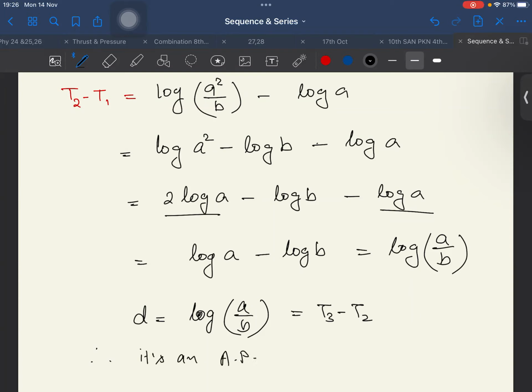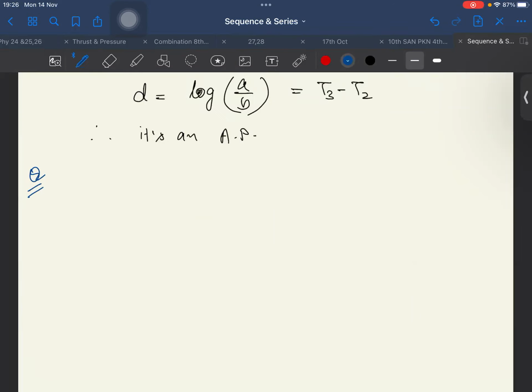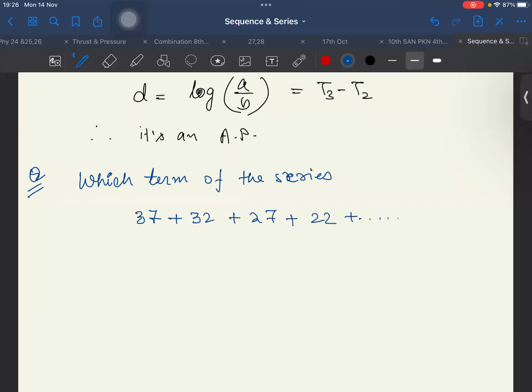Okay. Solve this problem. Which term of the series, and I'll give you the series, 37 plus 32 plus 27 plus 22 and so on, is minus 103?